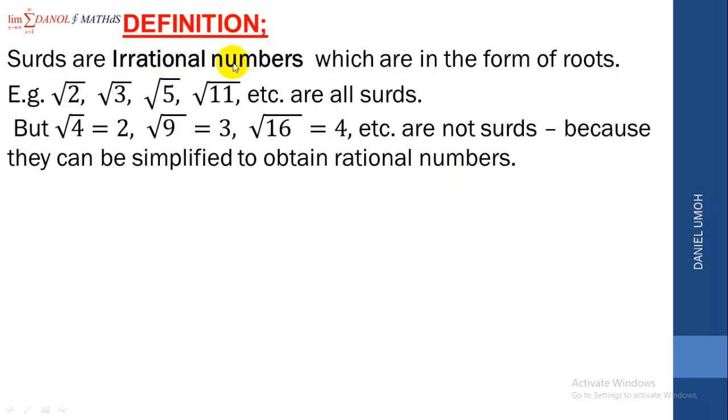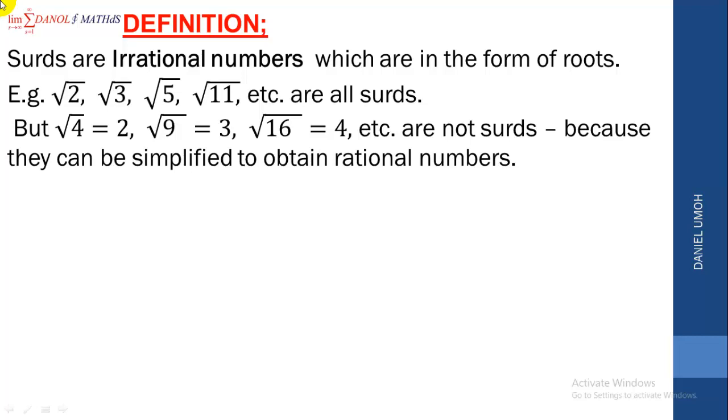That means any irrational number that is in the form of roots, that has square root, cube root, and the rest, is called a surd. Examples of surds are square root of 2, square root of 5, square root of 3, square root of 11, etc. Because if you check these with your calculator, they give you numbers that do not truncate and do not have a repeated block. That's why they are called surds.